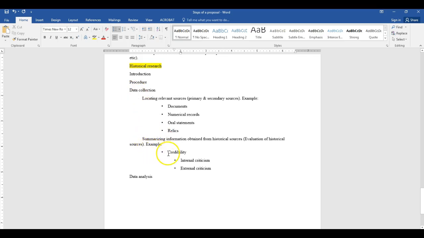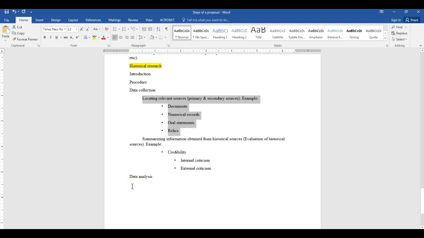The way you're going to do the headings and subheadings, please follow APA style. So if this is a number 2 heading, then this is a number 3 heading, or you don't have to put this heading. This is for me to just tell you what is the content here. But if you want to do a heading, then you have to follow heading 1, heading 2, heading 3, and you can definitely use OWL Purdue for APA formatting.